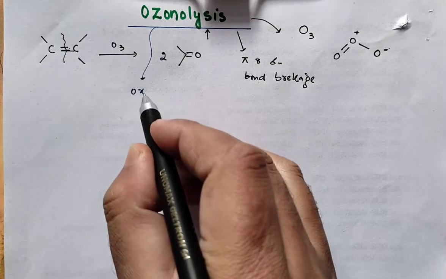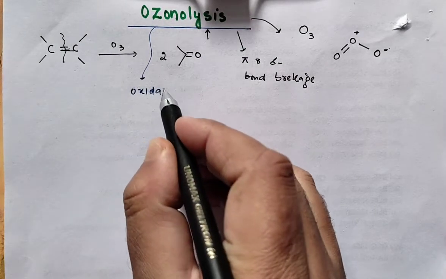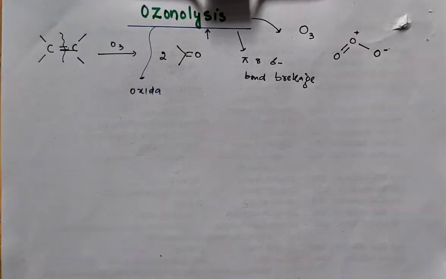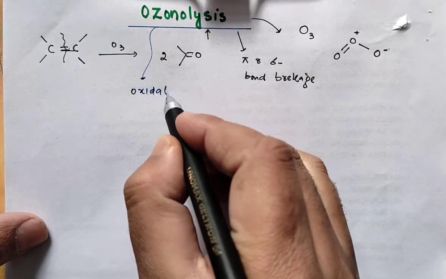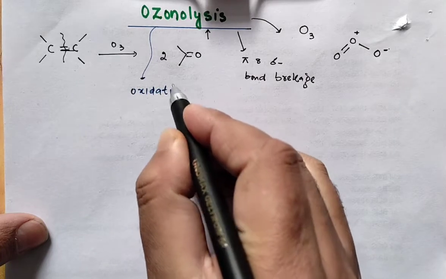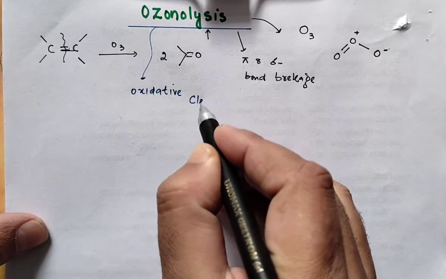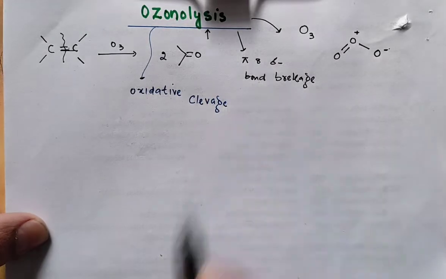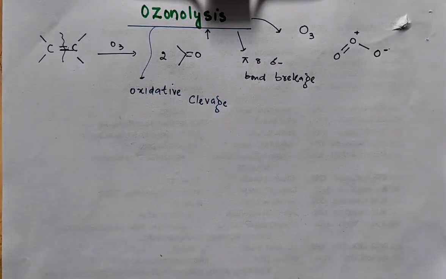So it is an oxidative cleavage. So ozonolysis is an oxidative cleavage where sigma as well as pi bond is broken and the substrate, which is alkene, is converted into the carbonyl compounds.